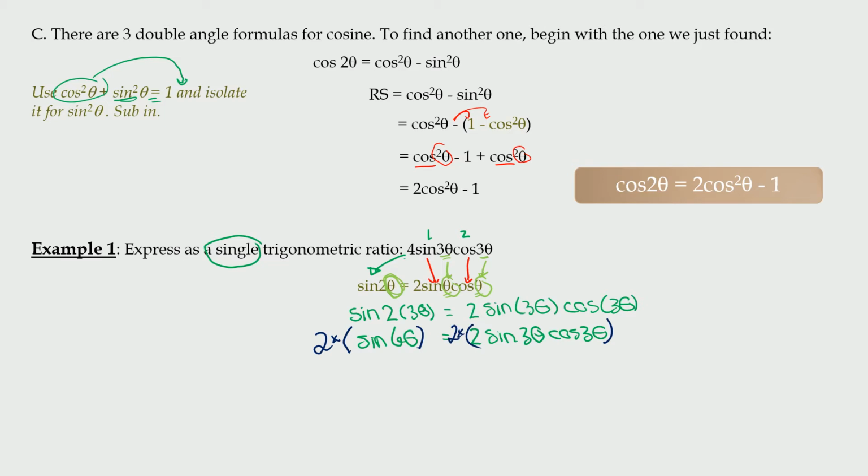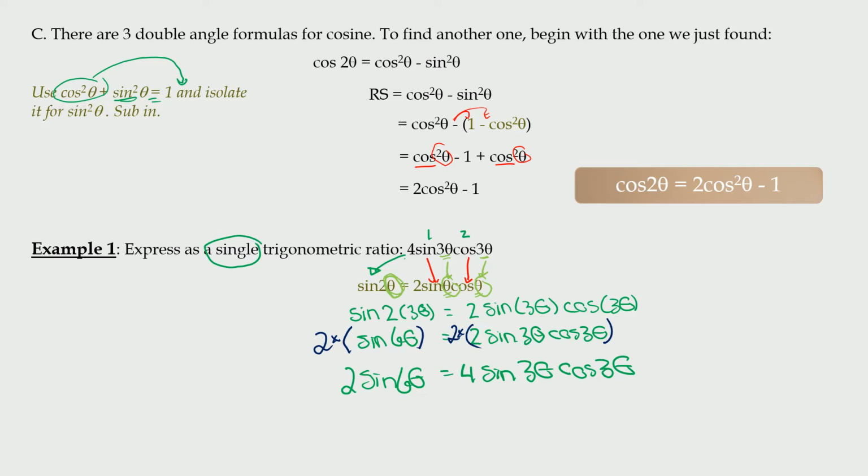That's going to give me 4 sine 6 theta equals, oops, not 4, sorry, looking ahead, 2. 2 sine 6 theta equals, here's the 4, sine 3 theta, cos 3 theta. And that was the original question.